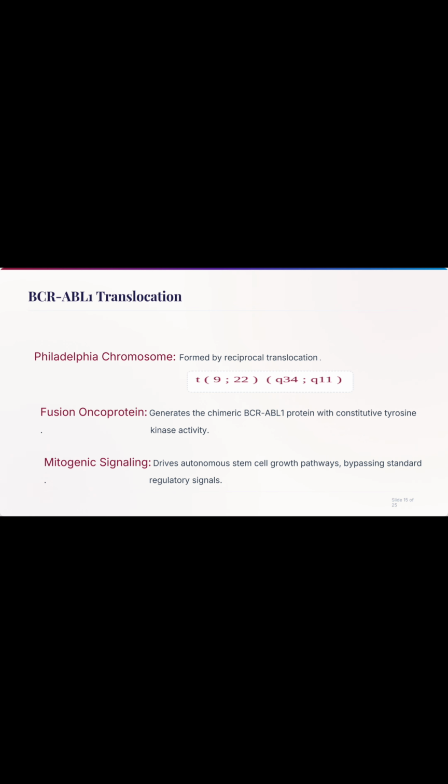BCR-ABL1 translocation, Philadelphia chromosome, formed by reciprocal translocation t(9;22)(q34;q11). The fusion oncoprotein generates the chimeric BCR-ABL1 protein with constitutive tyrosine kinase activity.